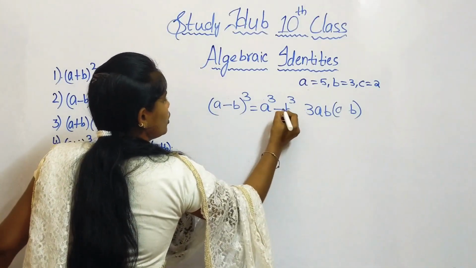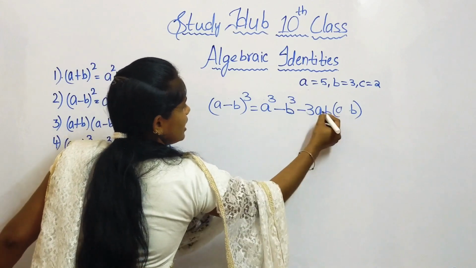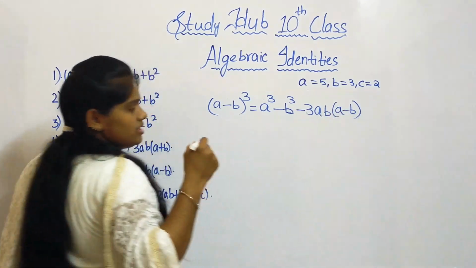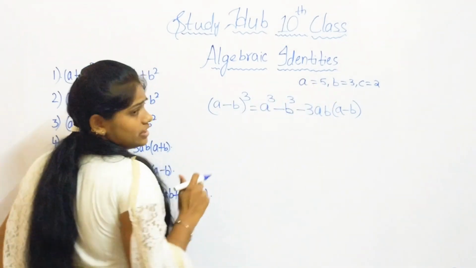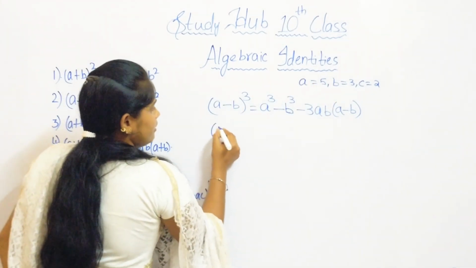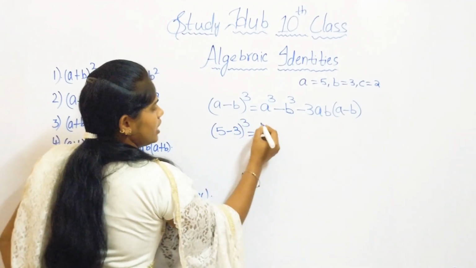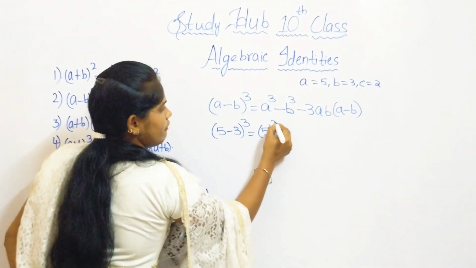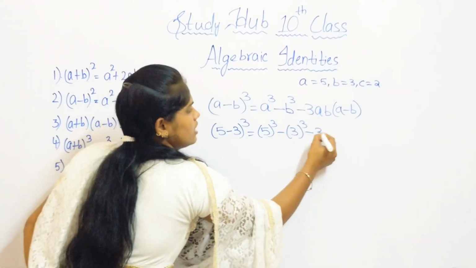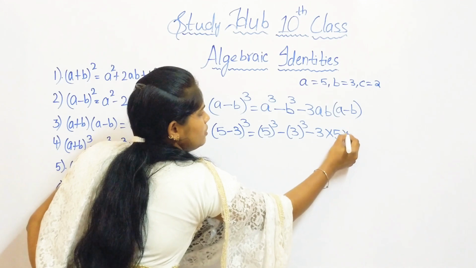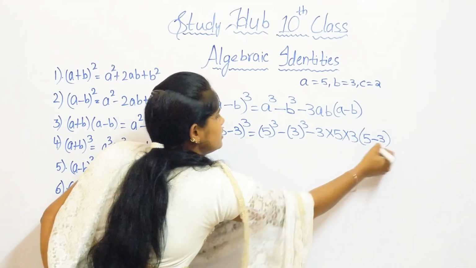A minus B whole cube is equals to A cube minus B cube minus 3AB into A minus B. Let us check the values of ABC for this identity. 5 minus 3 whole cube is equals to 5 cube minus 3 cube minus 3 into 5 into 3 into 5 minus 3.